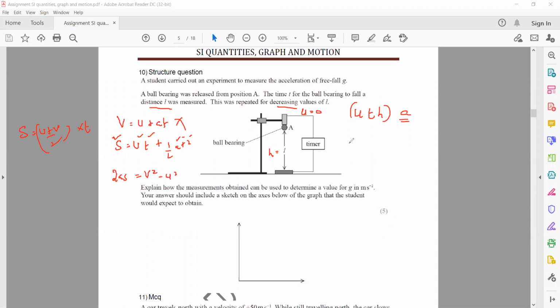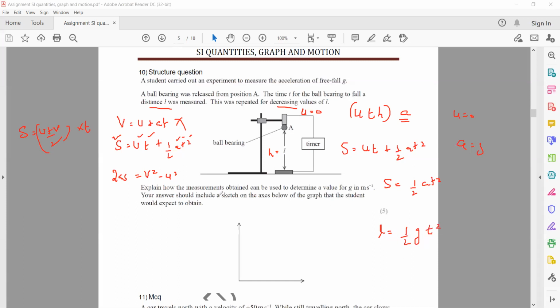So according to the second equation, we have s equals ut plus half at square, where a is the acceleration due to gravity. Then initial velocity is 0. So if initial velocity is 0, this equation turns to be s equals 1 by 2 at square. And the distance is L, acceleration is due to gravity g, and then t square.